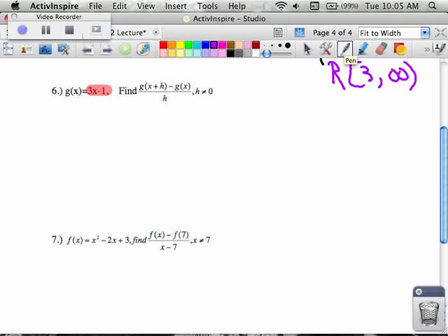So for example, I'm looking at the x plus h stuff and I'm going to shove that into the x. It's an instruction. So this instruction right here in blue is saying, look at the g function and everywhere you see an x, shove in x plus h.